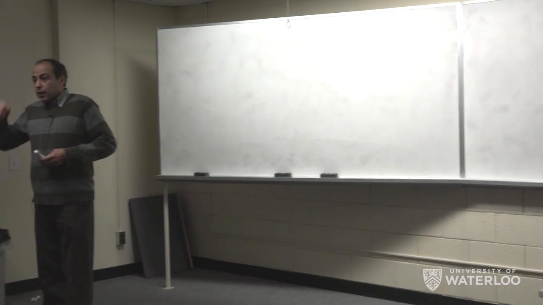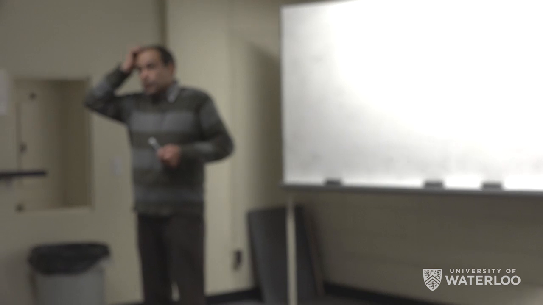Okay, in the previous lectures, we talked about principal component analysis, and we learned that principal component analysis is a way to capture the direction of maximum variation in data.